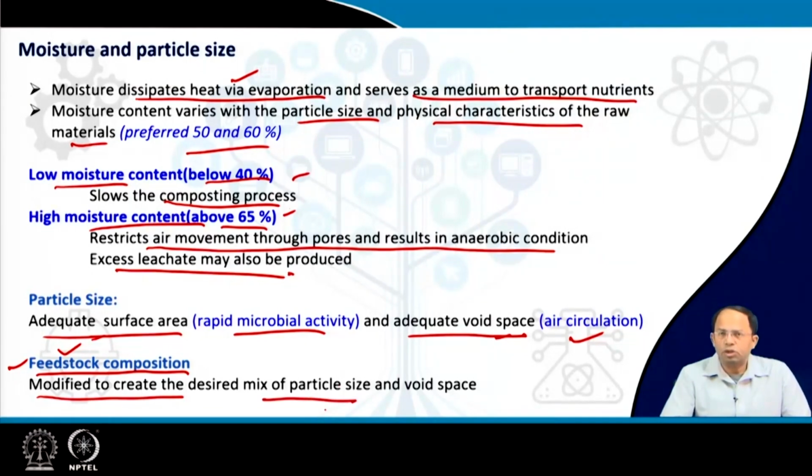The particle size has to be what we want, and also this void space. But at the same point of time, it is also important in terms of the nutrients and the final compost quality. Everything requires us to change the feedstock composition. But here, for the particle size as well as the moisture content, we have to maintain a certain particle size and moisture content, so we also introduce different components in the feedstock so that it becomes of a certain consistency and is easy to decompose.